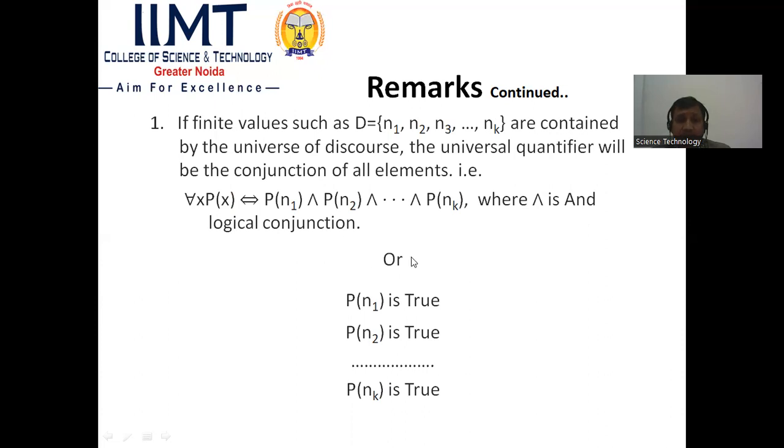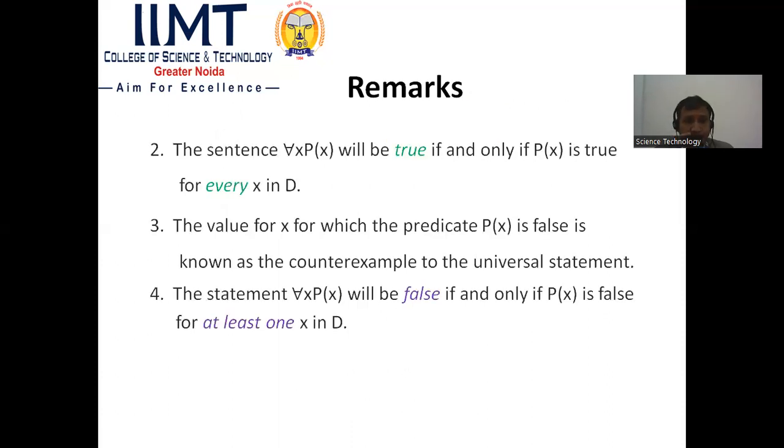That means the property is individually true for the first element n1, second element n2, third element n3, and the last element nk. So this property Px is true for each and every element of D. So it is a case of universal quantification.